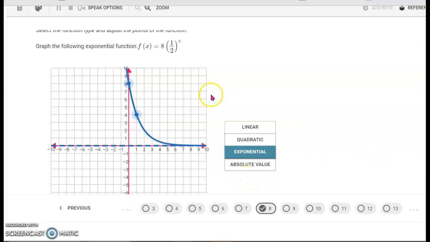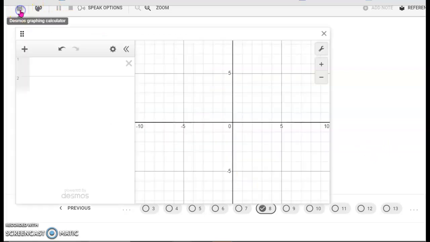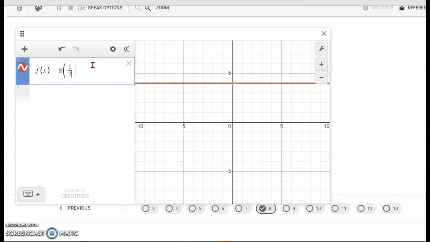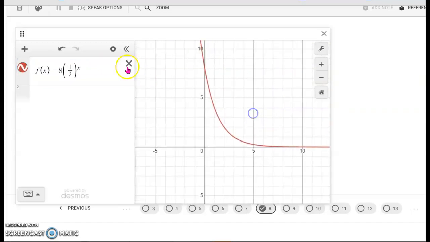Okay. And you can check your answer by clicking on the Desmos calculator and typing in the equation, y equals 8, or I believe it might have been f of x. f of x equals 8, parentheses, 1/2, shift 6 to raise it to the x power. And there it is, and you can actually see it.